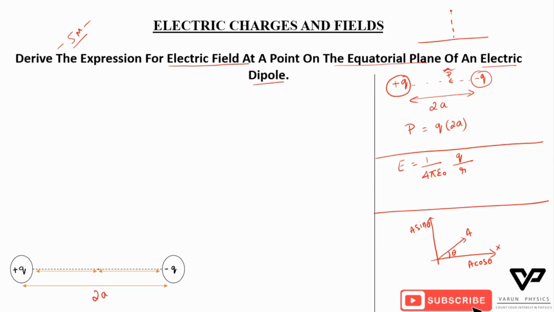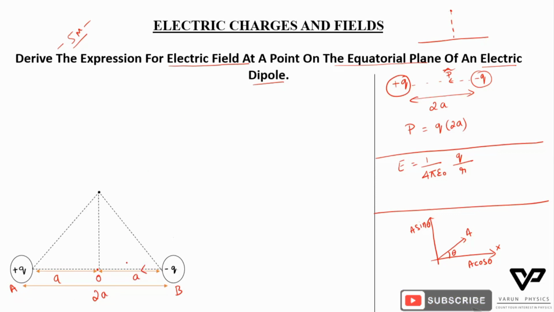From the center O, let us assume plus q is at a location A and minus q is at a location B, each at a distance a from the center O. The direction of the dipole moment is always from minus to plus, therefore this is the direction of the dipole moment.